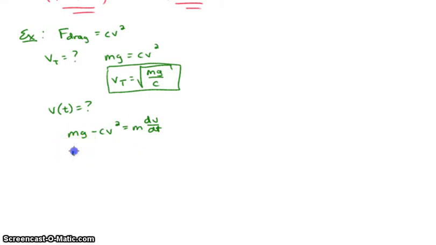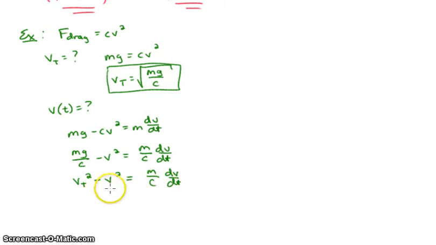Maybe if I divide by c, mg over c minus v squared equals m over c dv/dt. Just trying to separate my variables. And if you look at that, we can really write this as terminal velocity squared minus v squared equals m over c dv/dt.